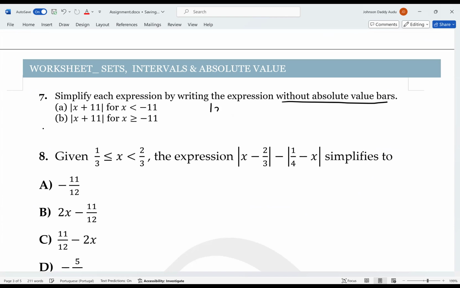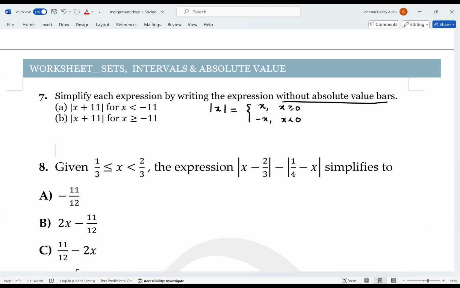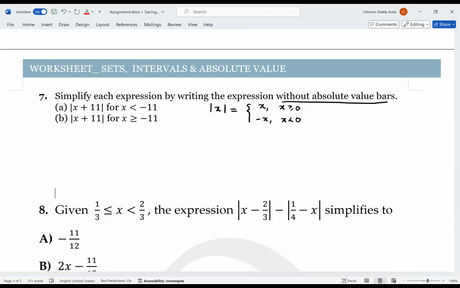The absolute value of x is simply going to be x if x is positive, or you can say if x is greater than or equal to 0, then the absolute value of x is x. It is minus x if x is less than 0.